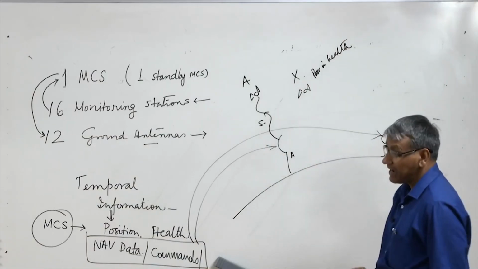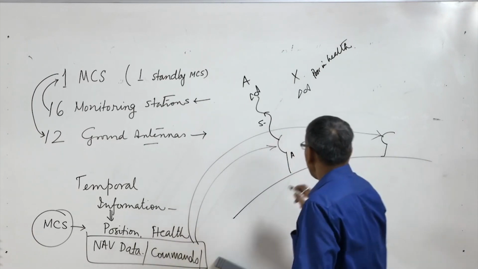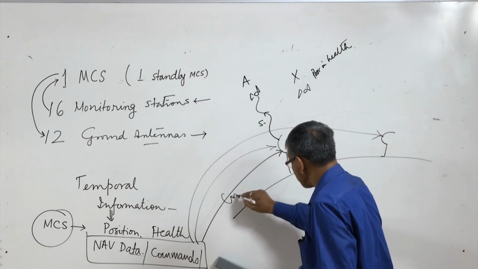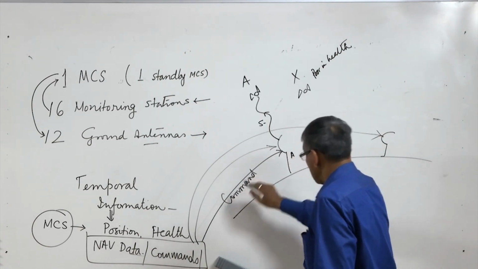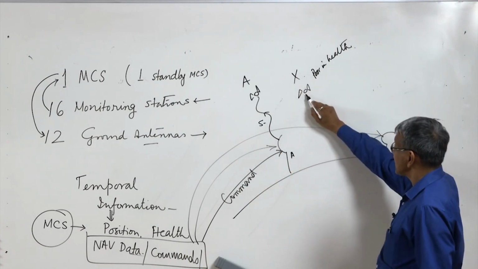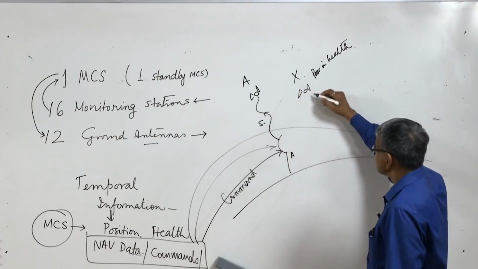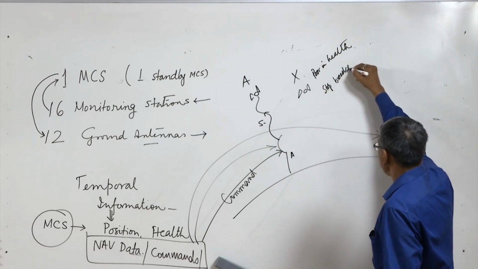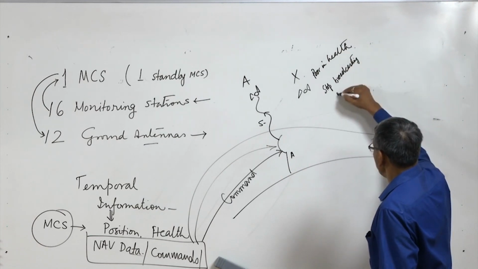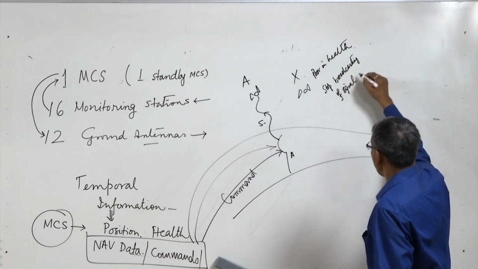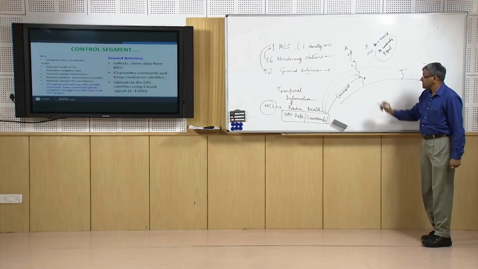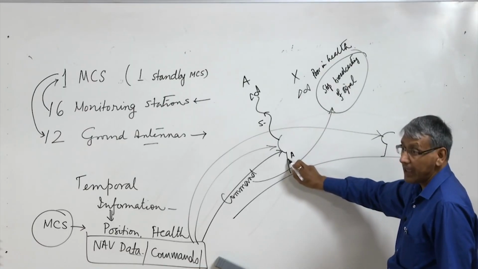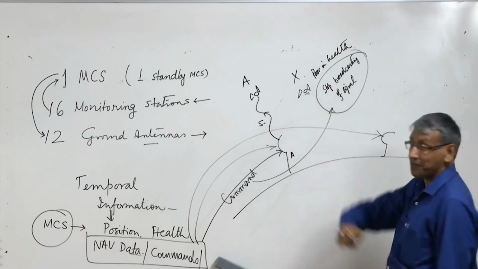The master control station needs to send a command to satellite X to stop broadcasting its signal. Suppose this command has been stored in antenna A for satellite X.